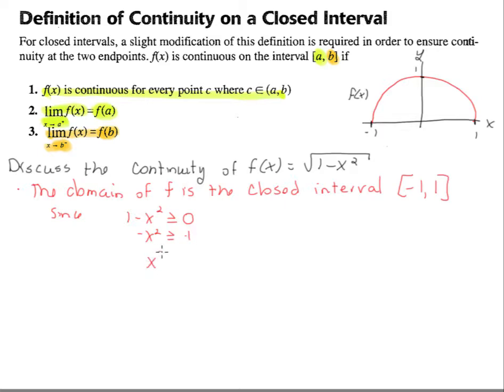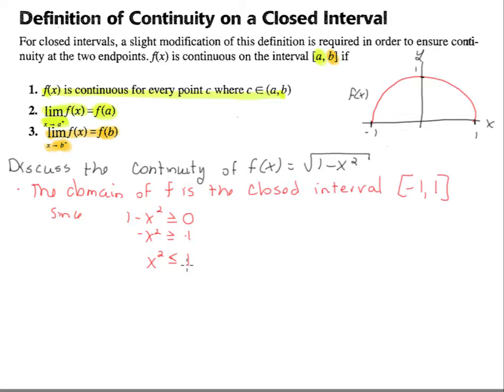To satisfy that, I know that x has to be between two values. The greatest value of x squared needs to be less than or equal to 1, so x is plus or minus 1.